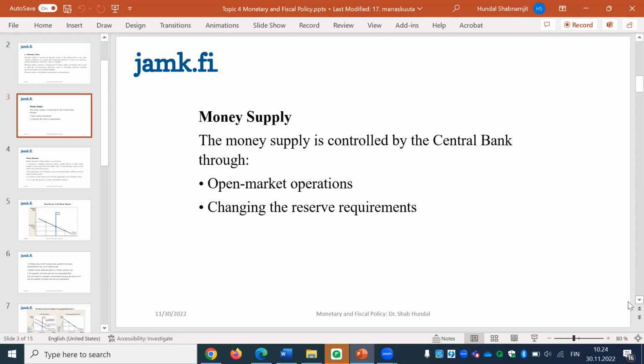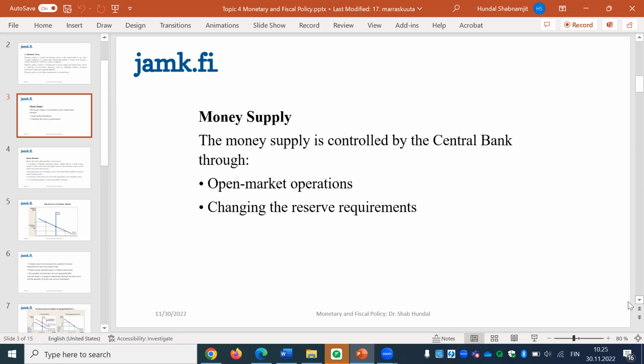When the central bank starts buying, the money goes out of the pocket of the government or the bank and starts going towards people and companies. And thus, there will be more money supply in the economy. On the other hand, if the central bank thinks that there is too much money supply in the economy, we need to take it out of the system.